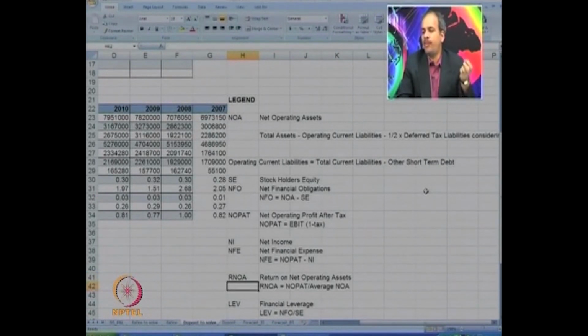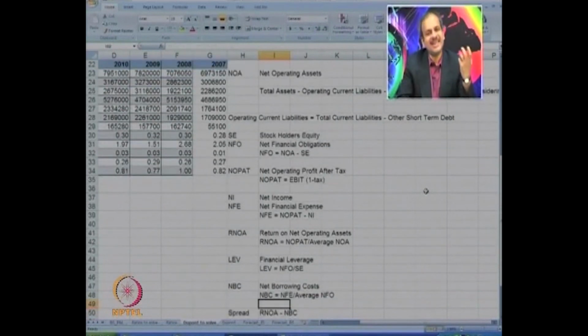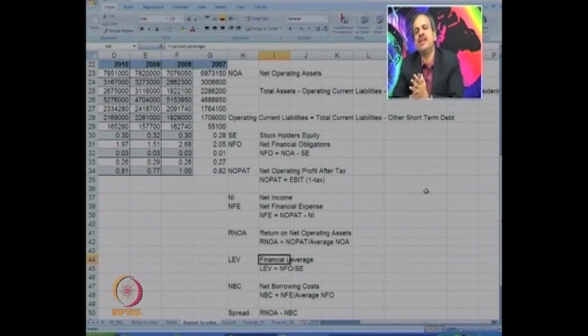You are aware of NOPAT, which is the return generated divided by average NOA. Okay, NOA you are aware now, net operating assets. So, this is the profit generated by using those assets. Next is LEV, that is the leverage, financial leverage, which is NFO upon SE. NFO refers to debt, SE refers to equity. So, it is like a debt equity ratio.